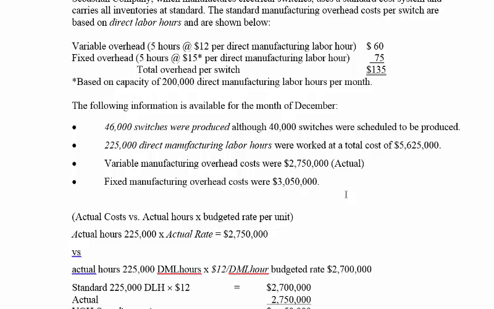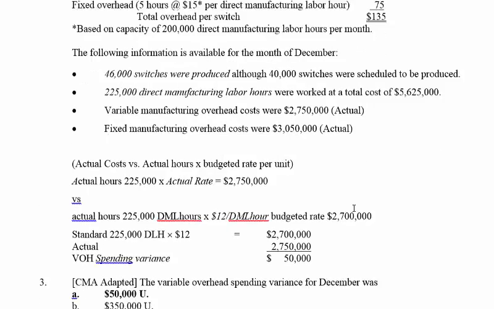Variable manufacturing overhead costs were $2,750,000. That is our actual amount for our variable manufacturing overhead cost, and then our fixed manufacturing overhead costs were a total of $3,050,000. Again, that is our actual fixed manufacturing overhead cost.